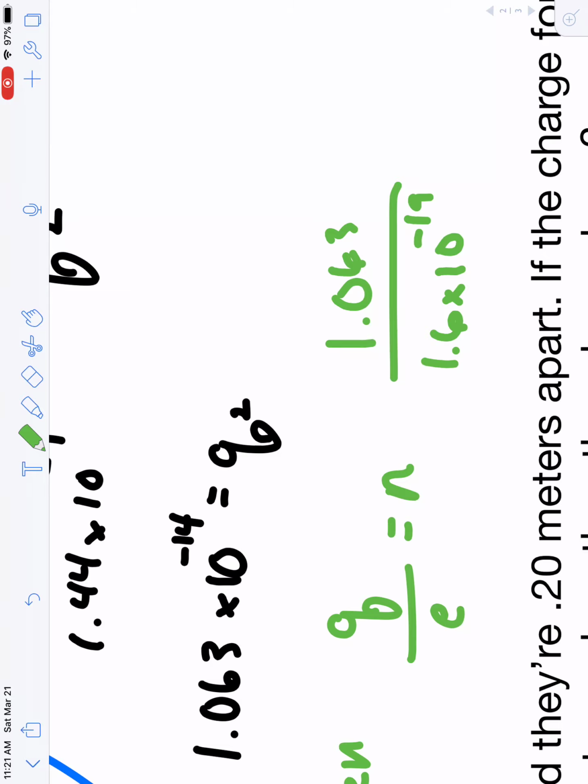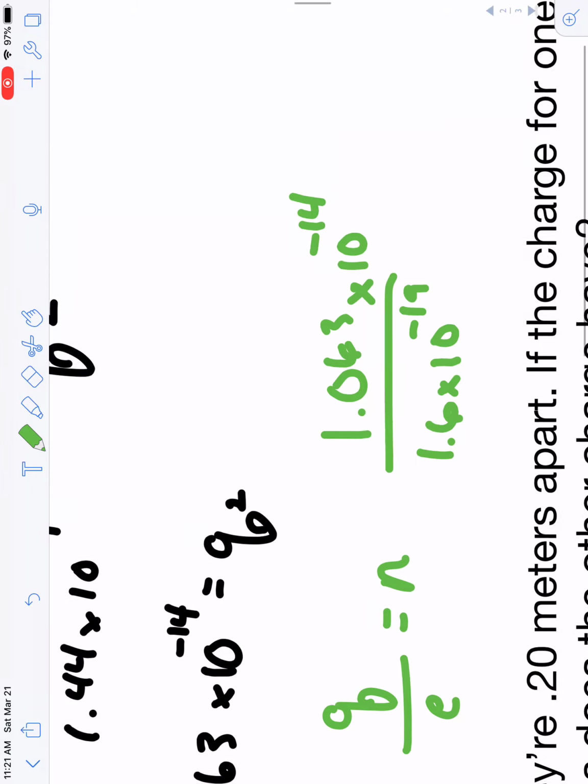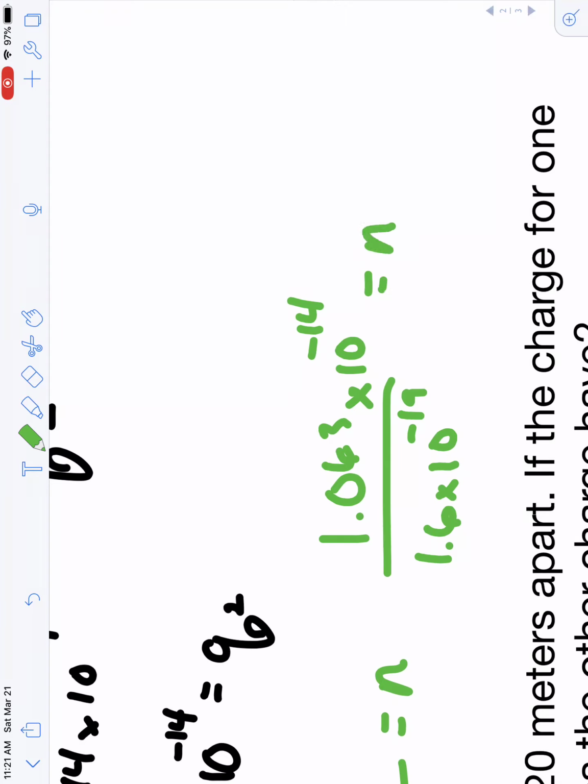So this is 1.063 times 10 to the negative 14th, divided by 1.6 times 10 to the negative 19th.